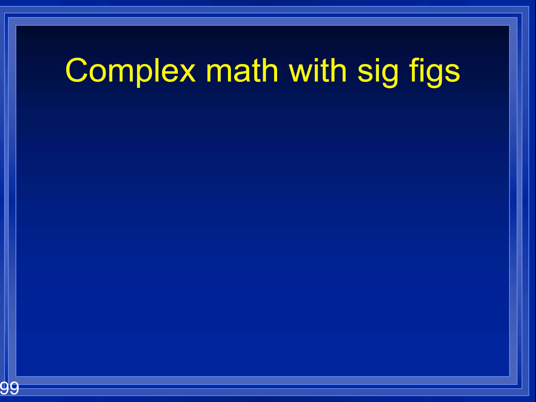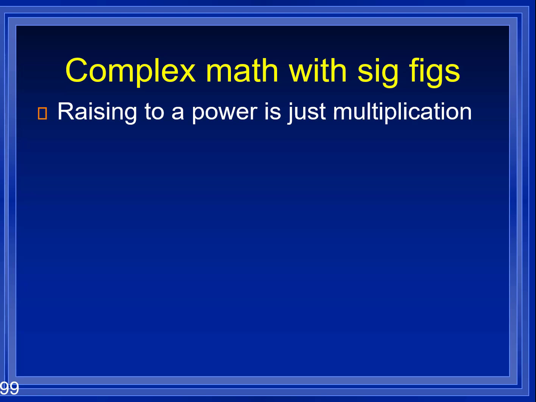What are you going to do with those numbers? You're going to take 2.5 times 2.5, right? If it was a cube, you do 2.5 times 2.5 times 2.5. Raising to a power is just multiplication. Isn't it?